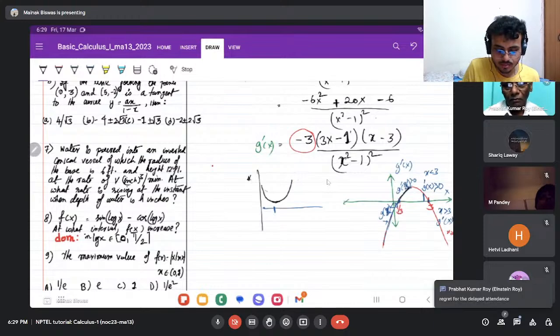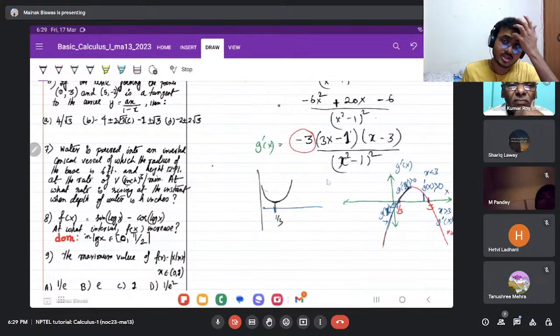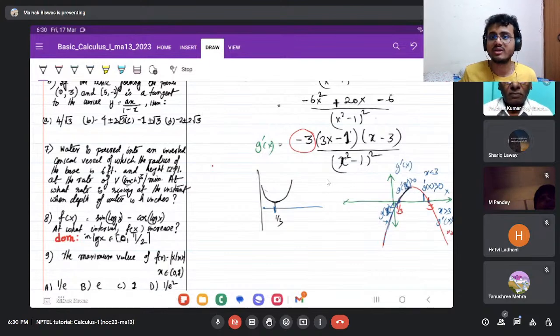Understood? So did you understand how we got that? We are trying to discuss that just from the first derivative, can we find out whether the function has a maxima at a point or a minima at a point, instead of doing the cumbersome second derivative tests.